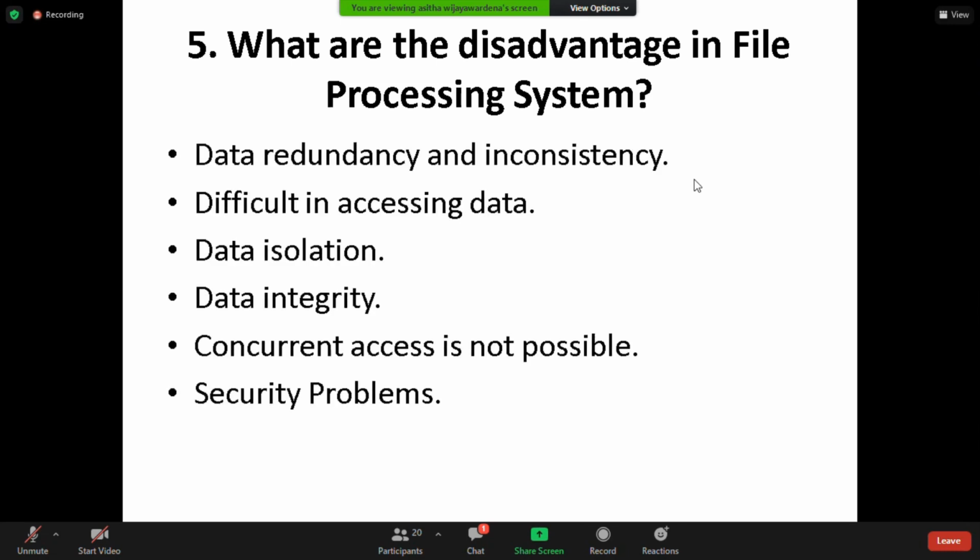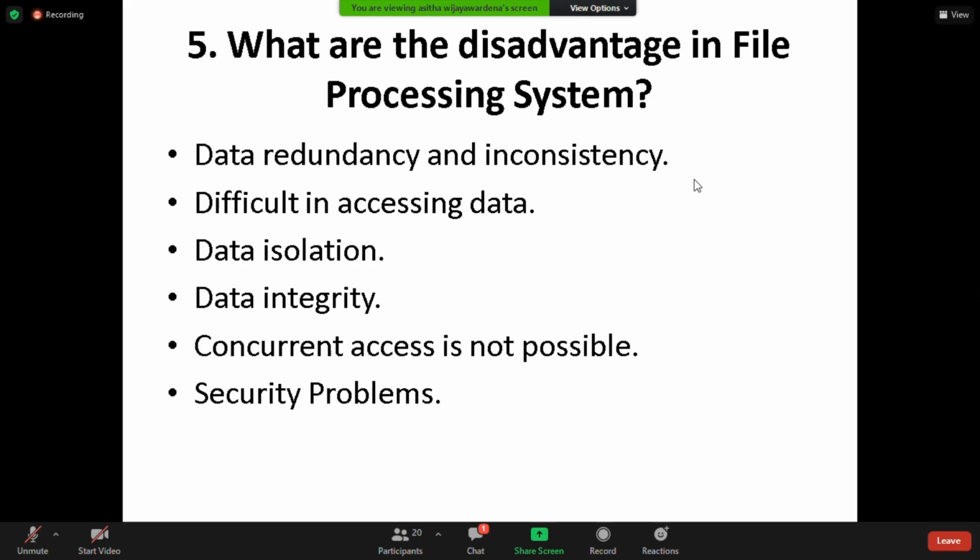Right, now if you go to the file processing system, as we discussed, there is data redundancy and inconsistency. The one data in one place, you can find the same record with another set of data, right? Not consistent, not matching each other.